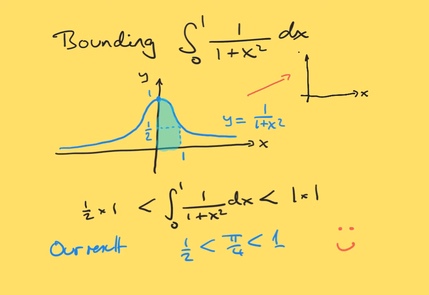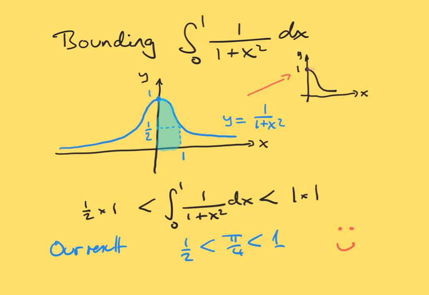X, y. This is at 1, and our integrand looks something like this. And this area is less than the area of this rectangle, which has height 1 and base 1. So I can draw that roughly in the following way.